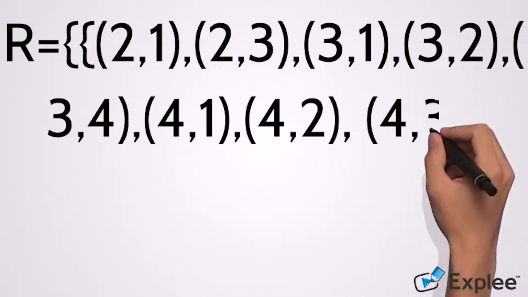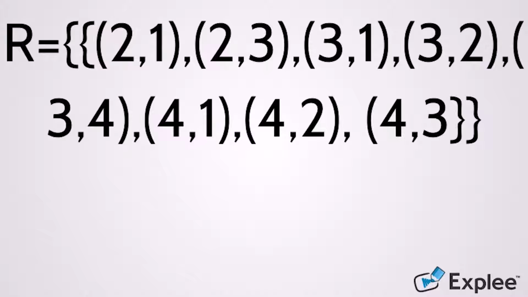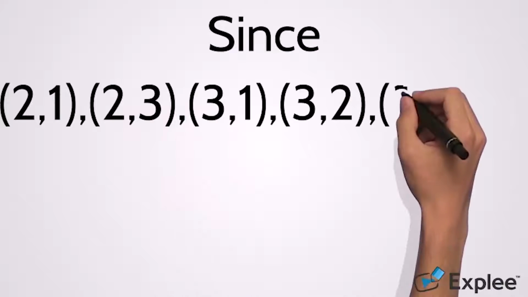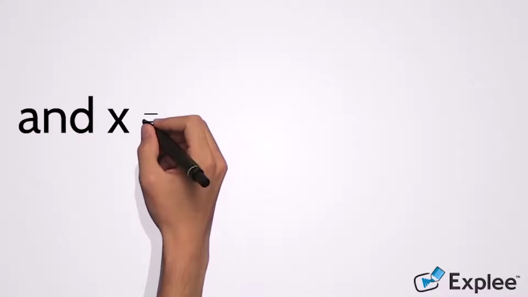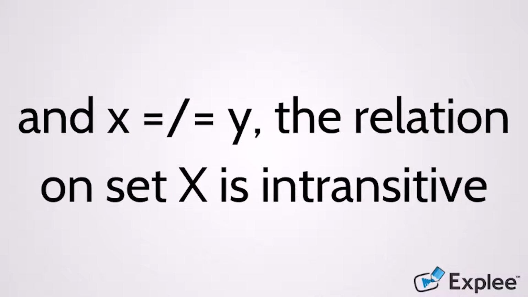Relation R has elements (2, 1), (2, 3), (3, 1), (3, 2), (3, 4), (4, 1), (4, 2), and (4, 3). Since all of these are in R, and x is not equal to y, the relation on set X is intransitive.